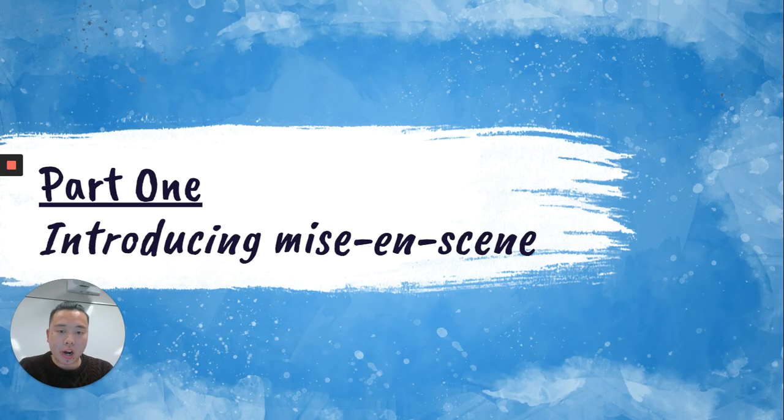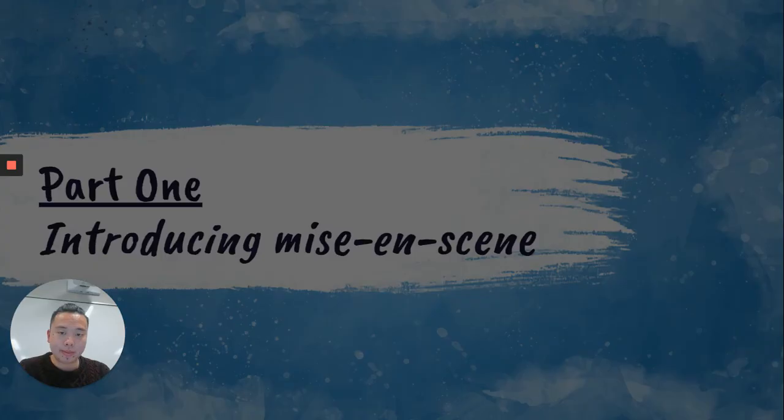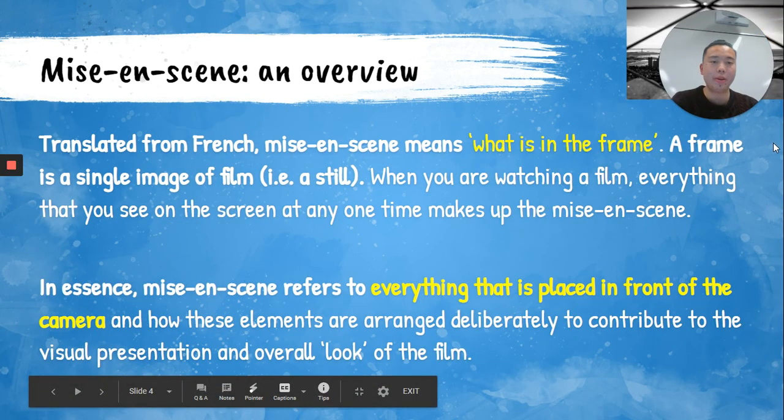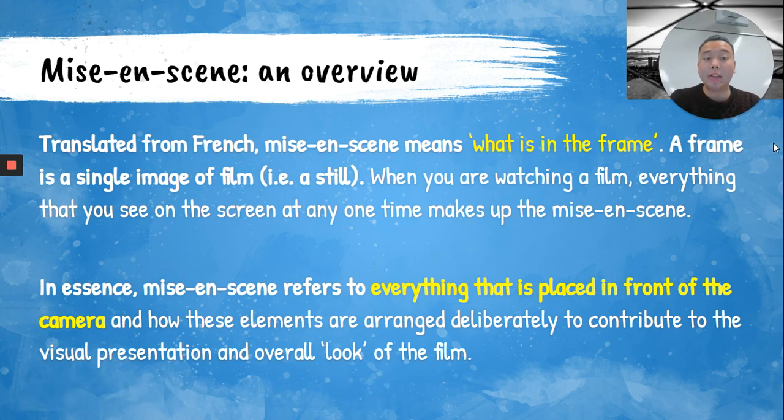So let's revise what mise-en-scene is. Translated from French, mise-en-scene literally means what's in the frame. Now remember, a frame is a single image of film, also known as a still. So if you're watching a movie and you pressed pause and took a screenshot of that, that's what we consider a frame.